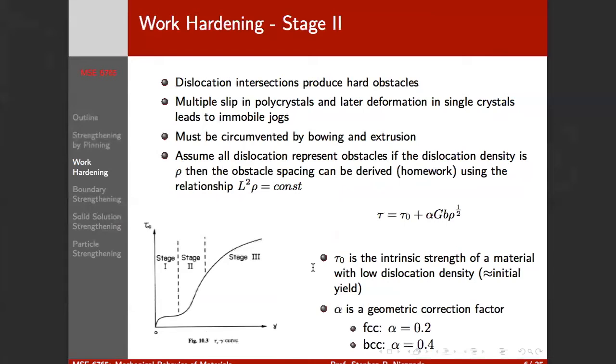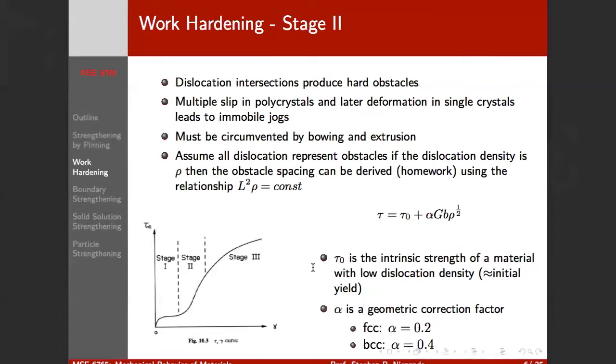And then there's this alpha factor, right, which is different for FCC and BCC. And this basically accounts for the fact that we have different populations of dislocations with different intrinsic mobilities, right? So in hexagonal, it tends to be even higher, right?